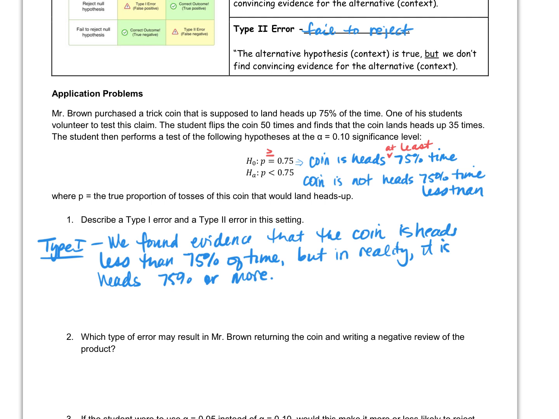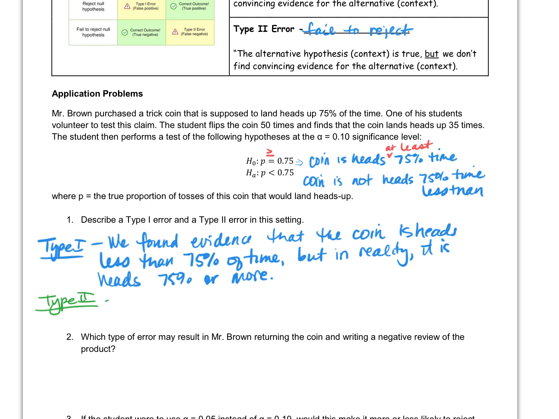So then type 2 is the opposite. Type 2 is when you fail to reject, but you make a mistake. So we failed to reject the null. That means we found evidence that the null is true. So what does that mean?